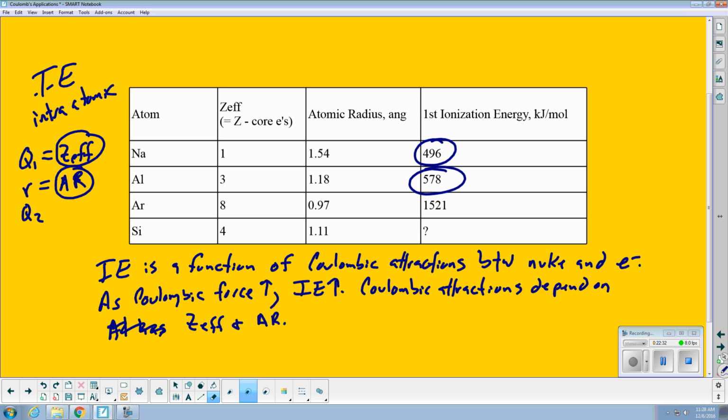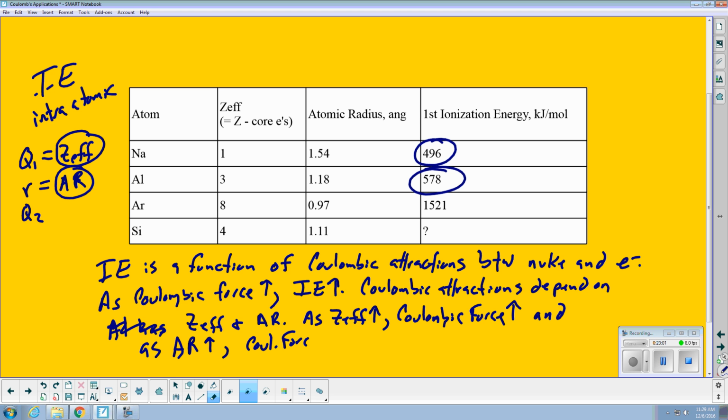Atomic radius. Bam. As Z effective increases, my Coulombic force increases, and as my atomic radius increases, my Coulombic force decreases. Good.